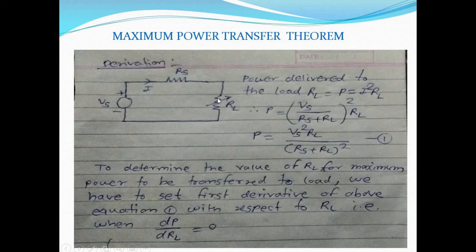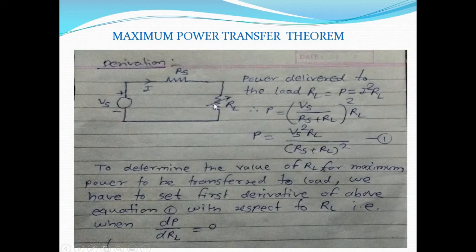Hence, if the power in RL is I square RL, then the same power will be dissipated in this resistance, that is I square RS, because RS is equal to RL and the same current flows in a series circuit. Hence the power supplied by the source is nothing but the power dissipated by RS plus the power dissipated by RL.